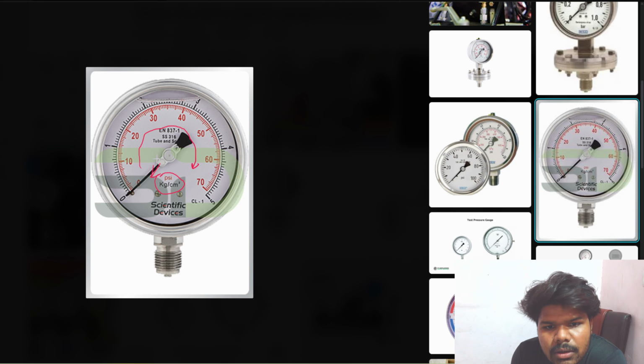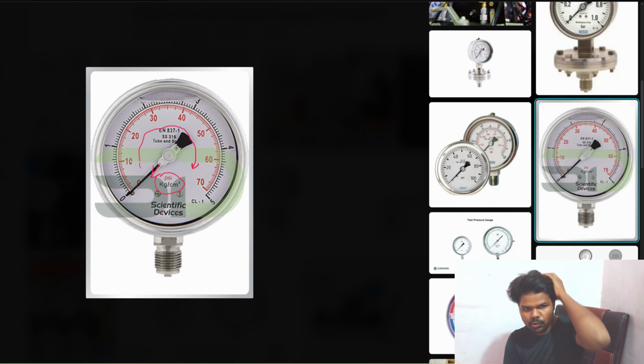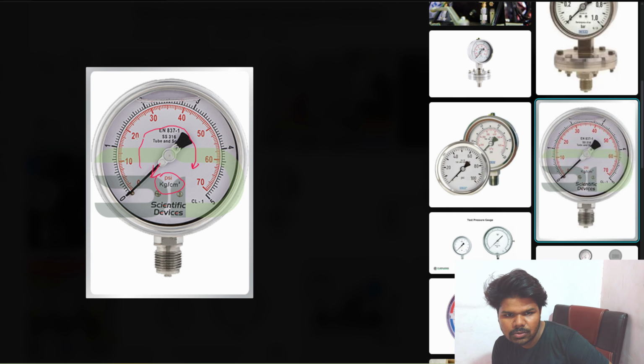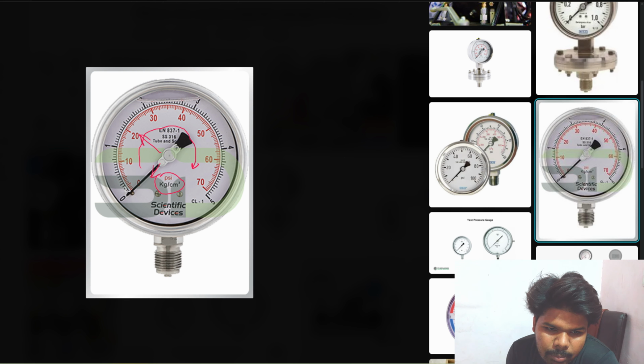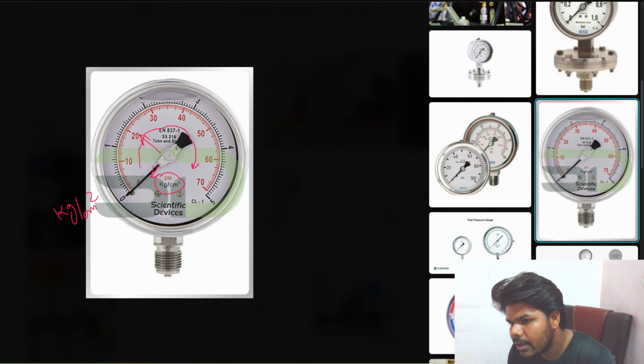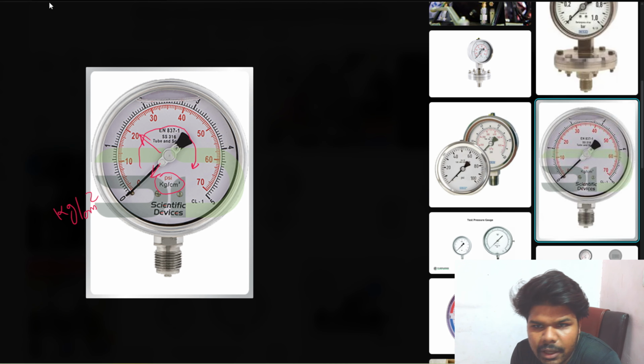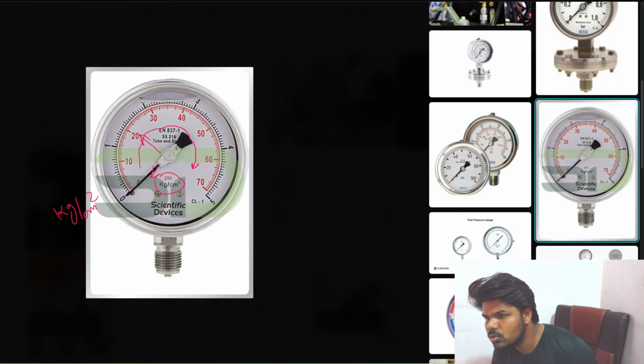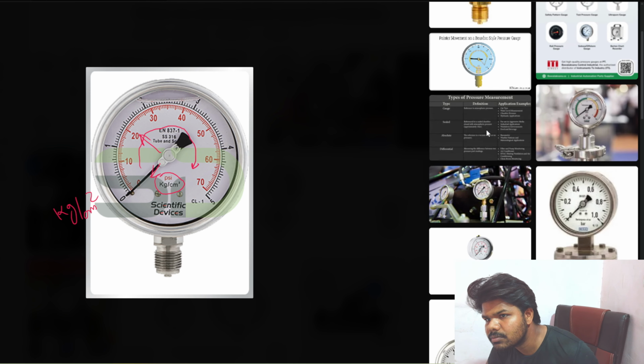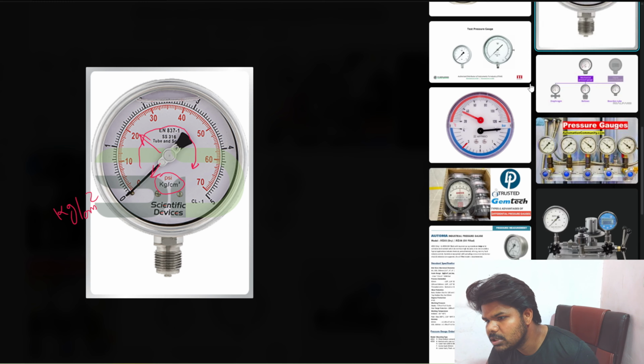So here is the needle, so here it can indicate the pressure. In the black part, it is the kg per centimeter square. So we have to see this gauge, and I will show you some detailed gauges generally used for measuring in industry.